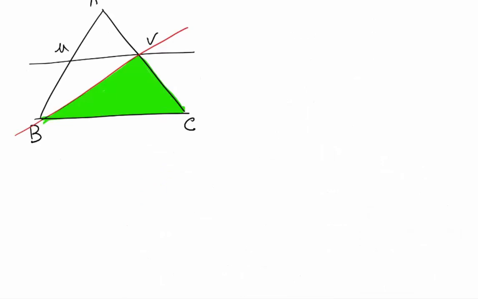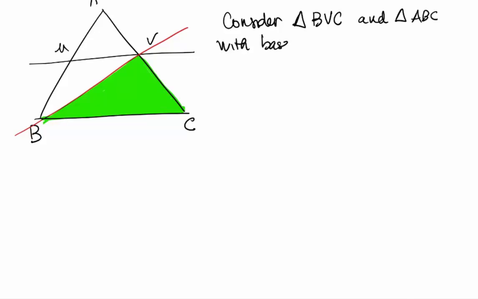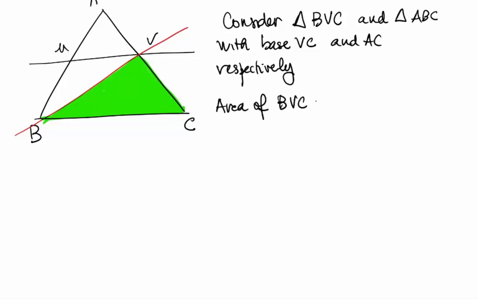Okay, now we'll consider triangle BVC and triangle ABC with base VC and AC respectively. Now, the area of BVC is going to be base, which is VC times some height, call it H prime, over 2.